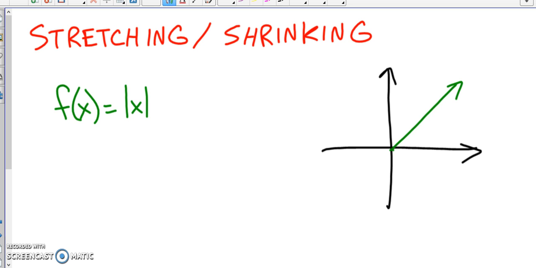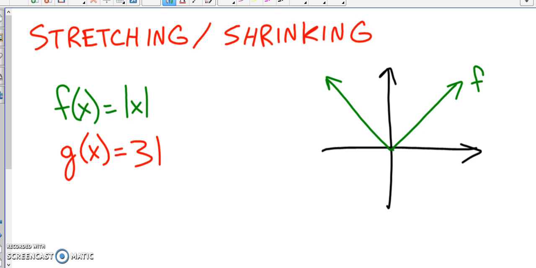So that looks like a v. There's f. Any thoughts as to what that might do?